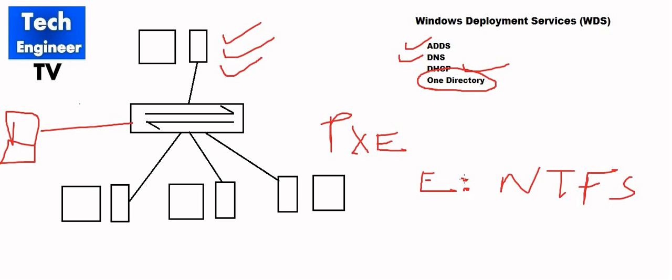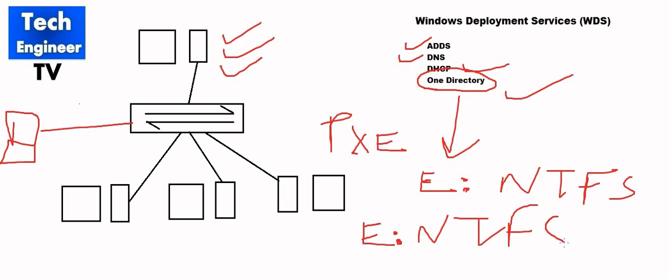If you are using the E drive for WDS, then it should be formatted with NTFS, not FAT32. If it's FAT32, then format it with NTFS and just put the directory into it.